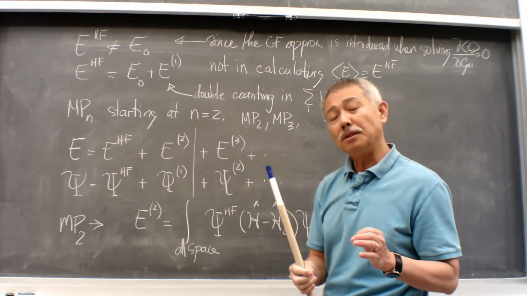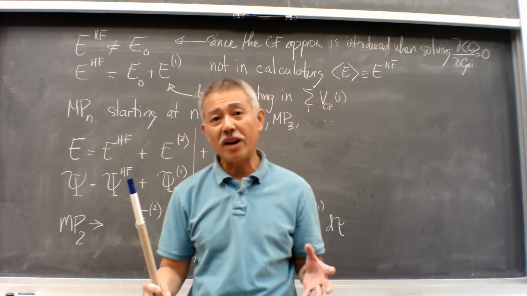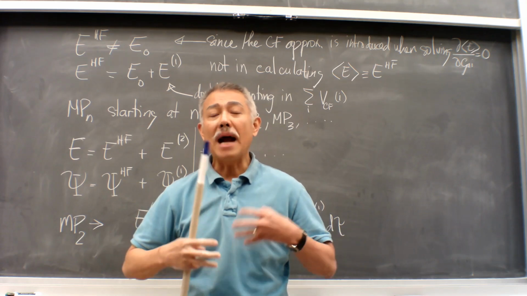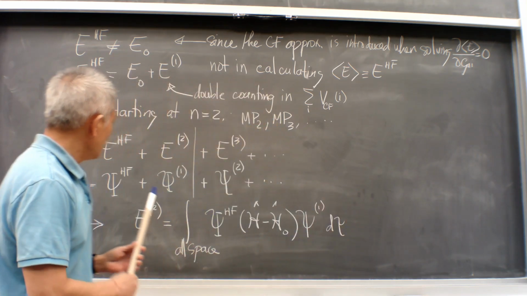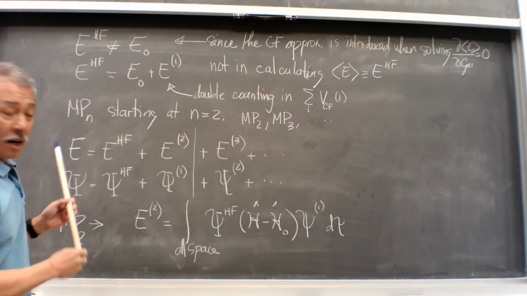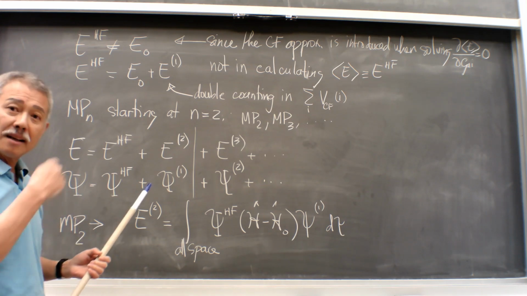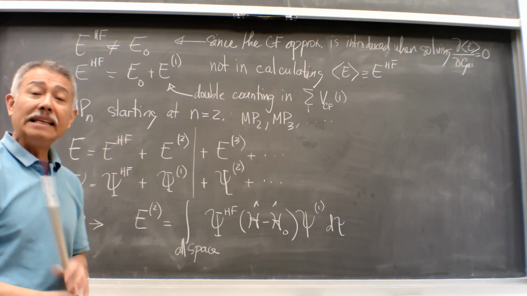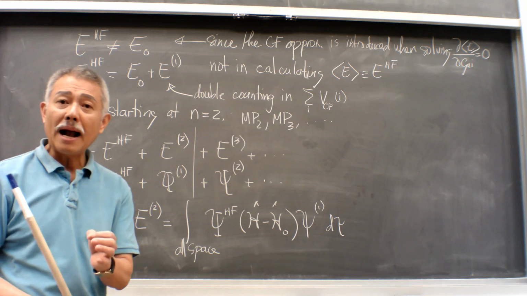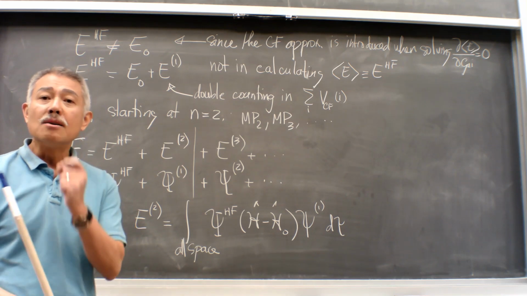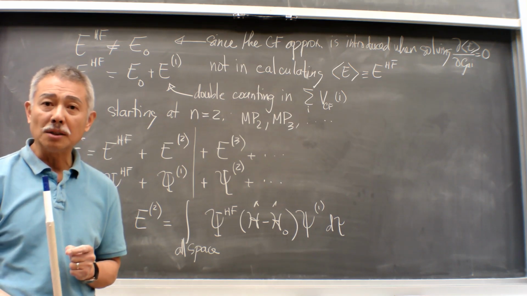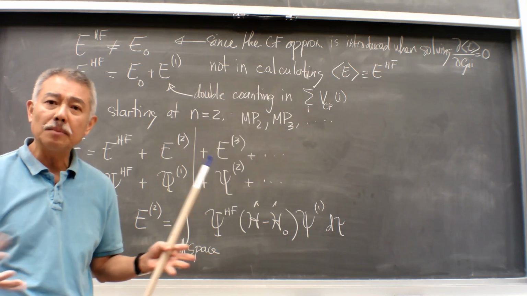So perturbation theory provides the framework for adding corrections to the energy and the wave functions one at a time. It assumes that you have very good Hartree-Fock wave functions and energy.